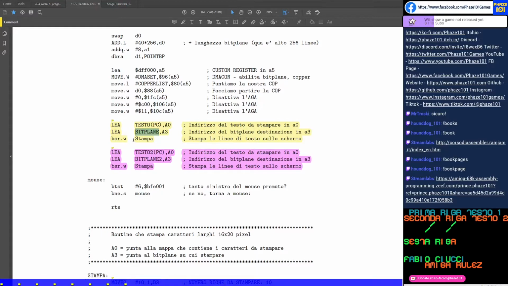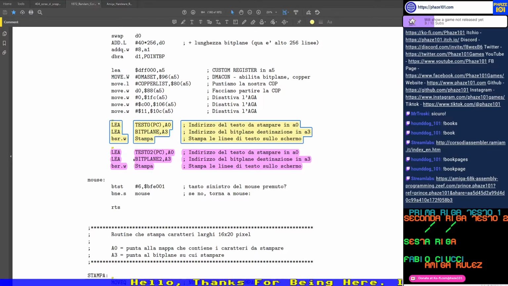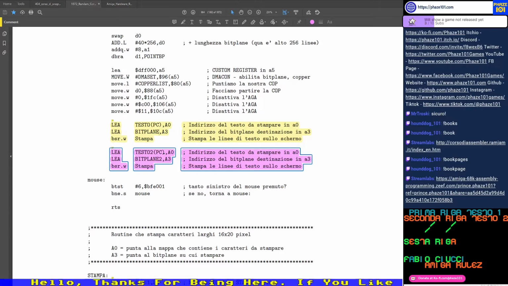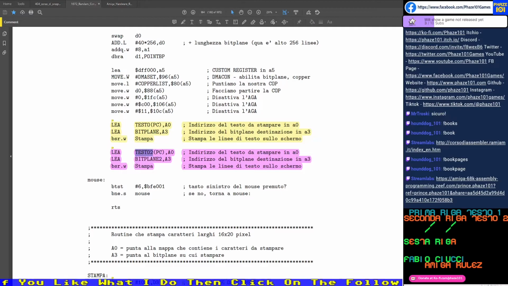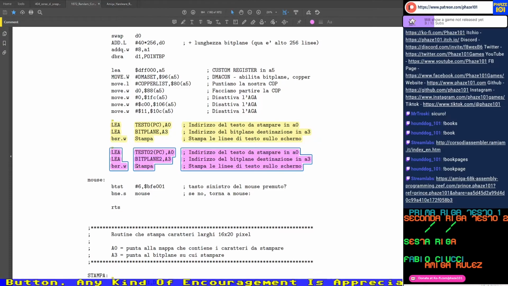Then we do our routine to write text to the screen. Once we've finished, we get our second text, we get the pointer to the destination. So this is source, this is destination. This is the pointer that goes to the second bit plane, and then we call the same routine.